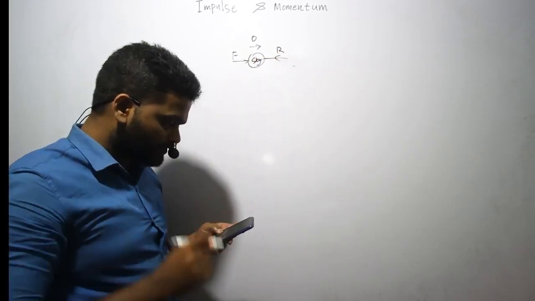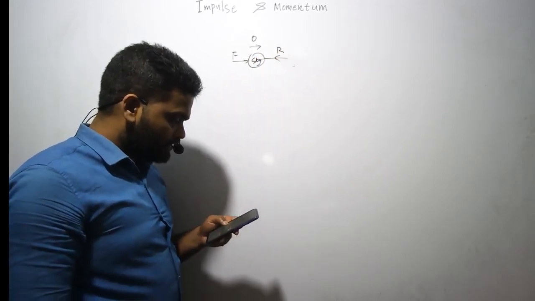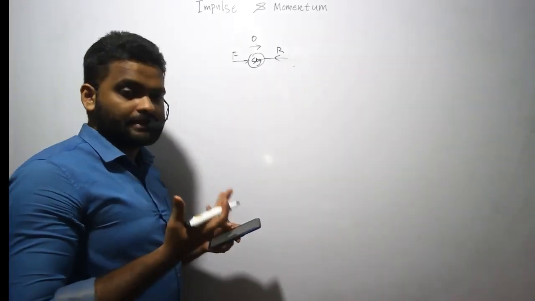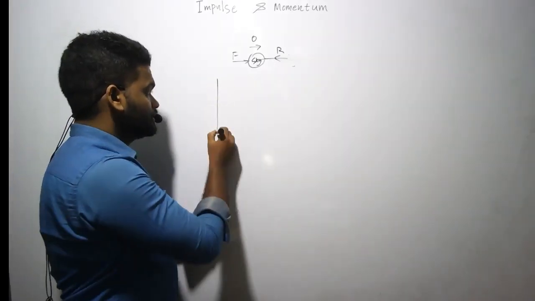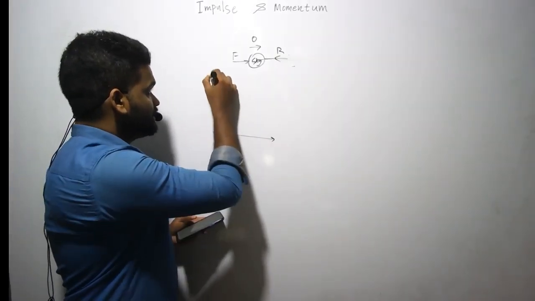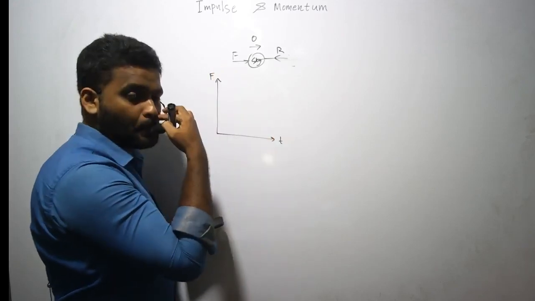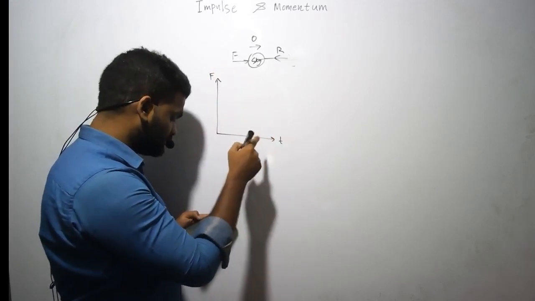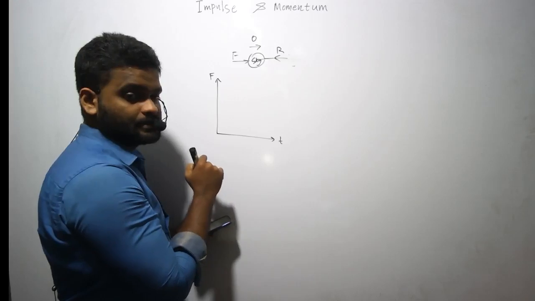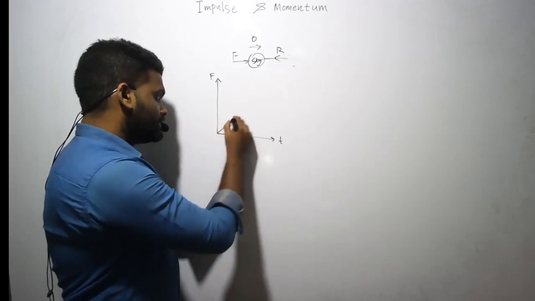So this is a very important question. Variation of the forces are given in the graphs. So this is a variation of force with time, I mean driving force, variation of driving force with time.